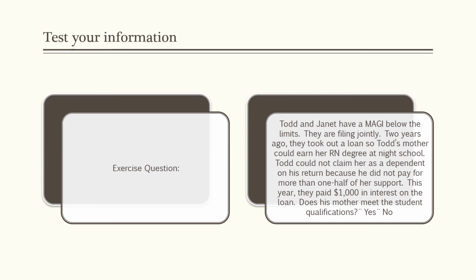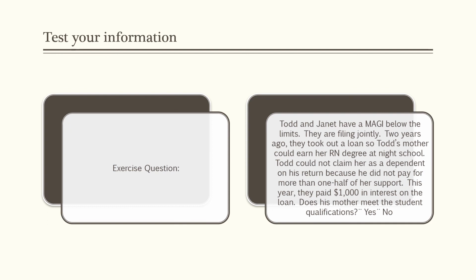Now it is your turn to test your information, and there is an exercise question. The exercise says Todd and Janet have a modified adjusted gross income below the limit. They are filing jointly. Two years ago, they took out a loan so Todd's mother could earn her nursing degree at night school.